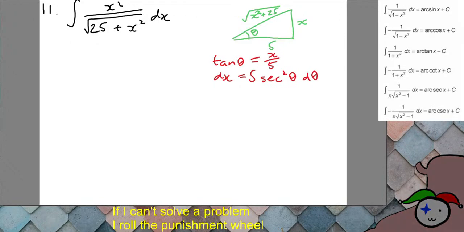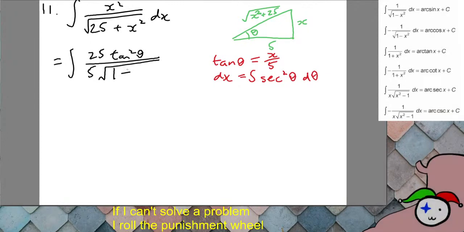So on this side we have 25 tangent theta over 5 square root 1 plus tangent square theta. No, that would be dx, but we want to change it to d theta, so we have to multiply it by 5 secant squared theta d theta.